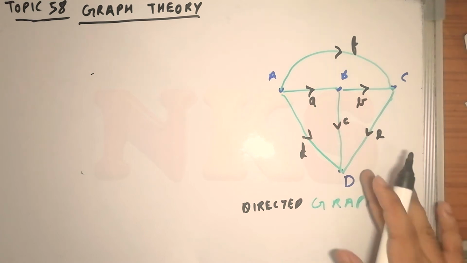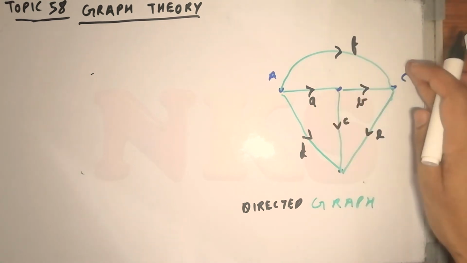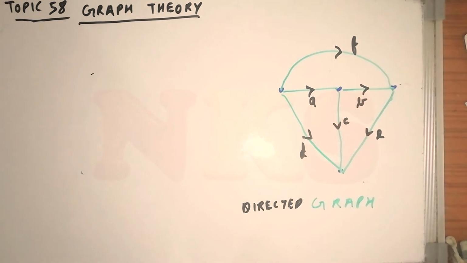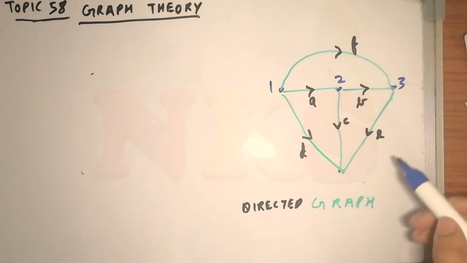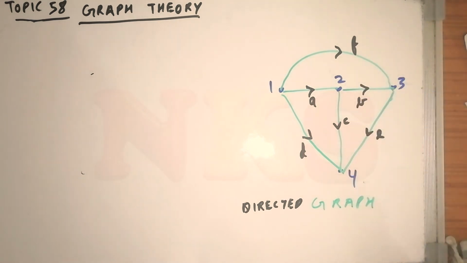And I am also labeling these nodes with numbers, so it will be very clear to you: 1, 2, 3, 4. See why I am emphasizing? Because we will take this graph throughout our whole discussion of graph theory. Now this is a directed graph, because we have given directions.